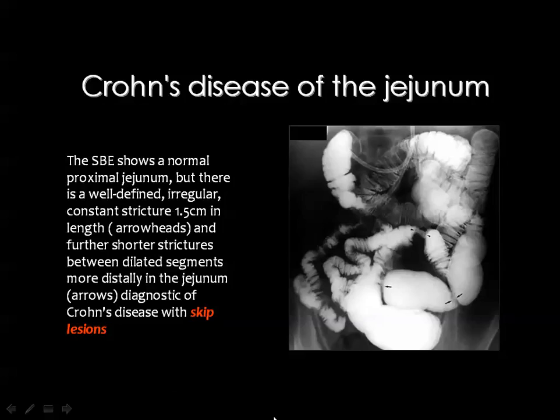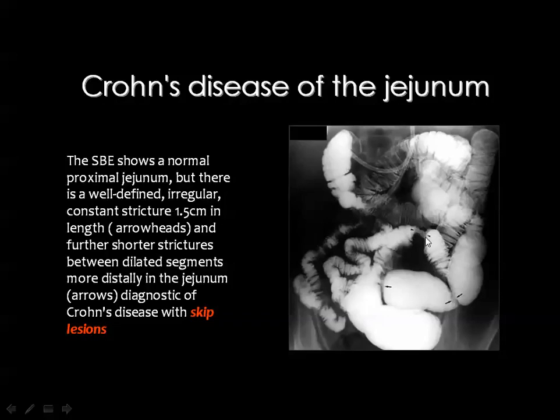And Crohn's disease may affect the jejunum, as I have said. It can affect any part of the gastrointestinal tract. And in this case, with the small bowel enema or enteroclysis, you can see multiple strictures.